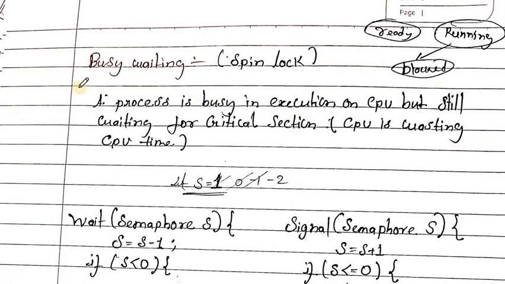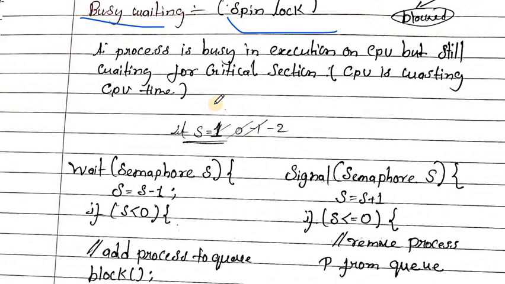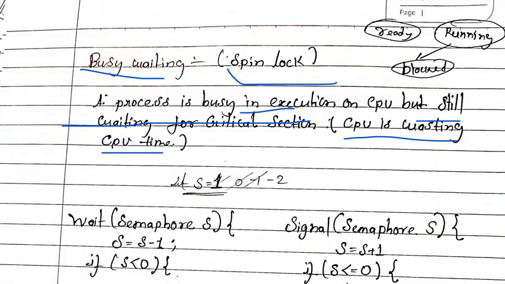Here are the terms called busy waiting or spin lock. A process is busy executing on the CPU but is still waiting for the critical section, so CPU time is wasted.